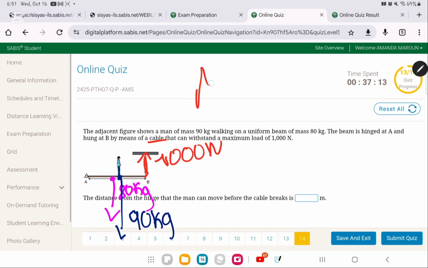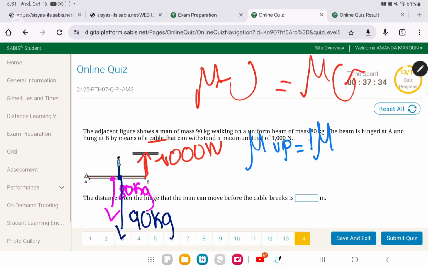If you remember, the moment of clockwise is equal to the moment of counterclockwise, okay? You can do the right-hand rule to find that, or you can do that the moment of up is equal to the total moment of down.